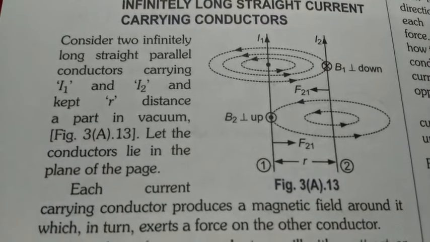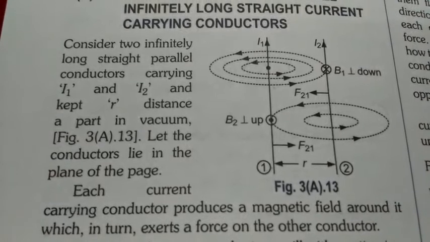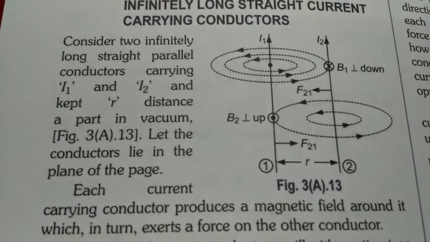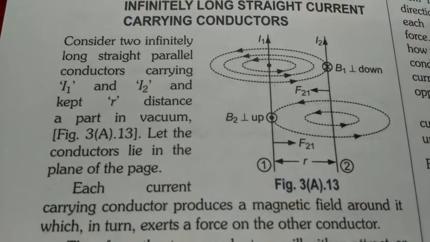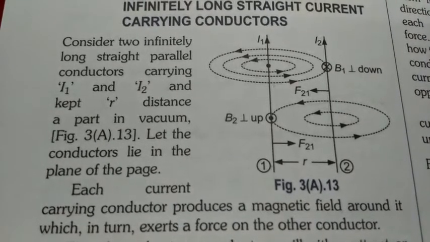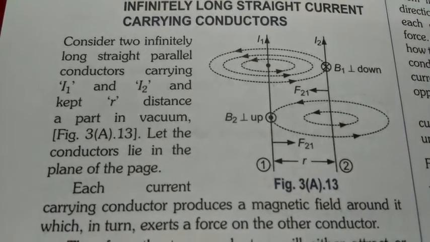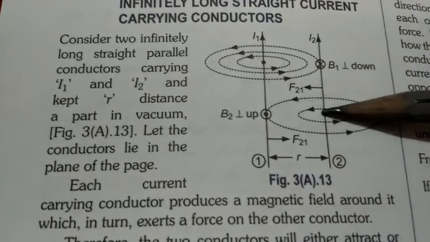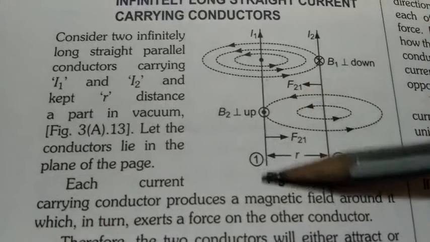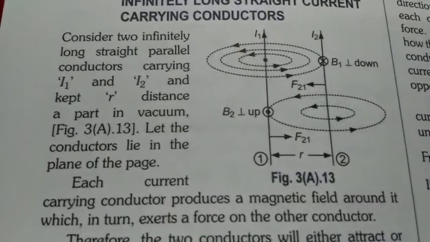In a similar manner, in the second conductor, current I2 is also flowing. So there also a magnetic field will be produced, and that magnetic field B2 will apply some force on conductor 1.